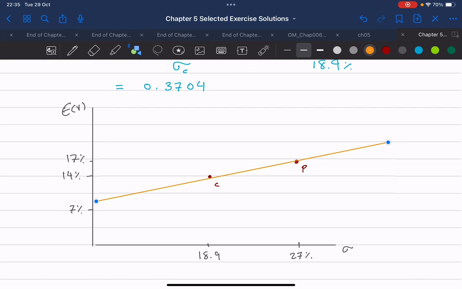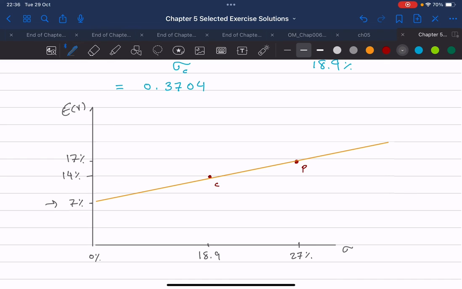Yeah, approximately, but I'm going to have to erase this and change its position, because we need the line also to intersect with the y-axis at the point of 0 standard deviation with the risk-free rate. It has to intersect with the y-axis at the 7%, which is the return on the risk-free assets.